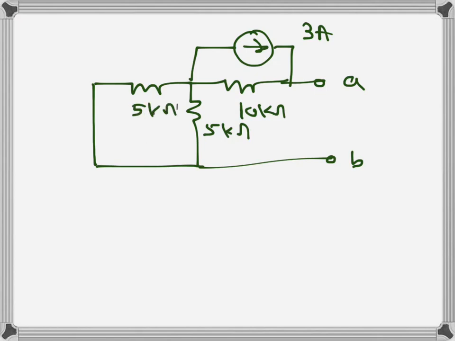So this circuit will be reduced: the 5 kilo ohms and 5 kilo ohms are in parallel, so it becomes 2.5 kilo ohms.